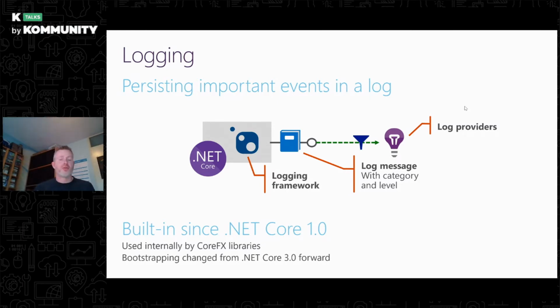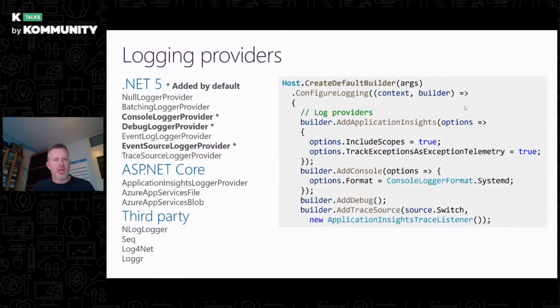No, they provide a log. Sometimes it's called a log sink. It's where the log messages end up. And then you have your filters, because depending on the log provider, you might want to see more of the log messages or less. So that's mostly based on category and level that you do a certain filtering.